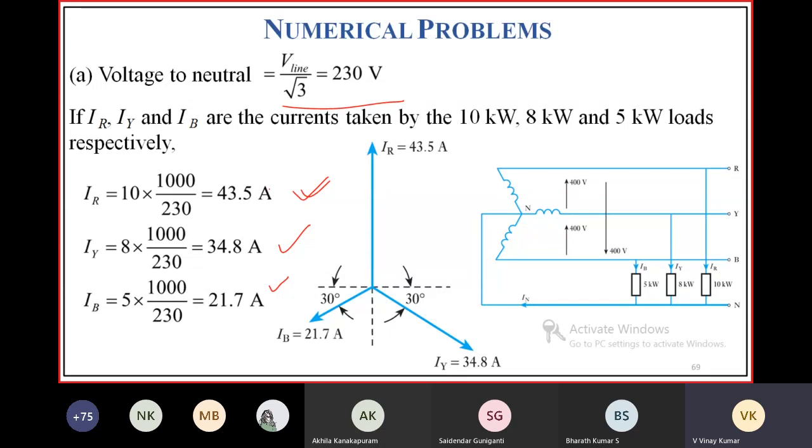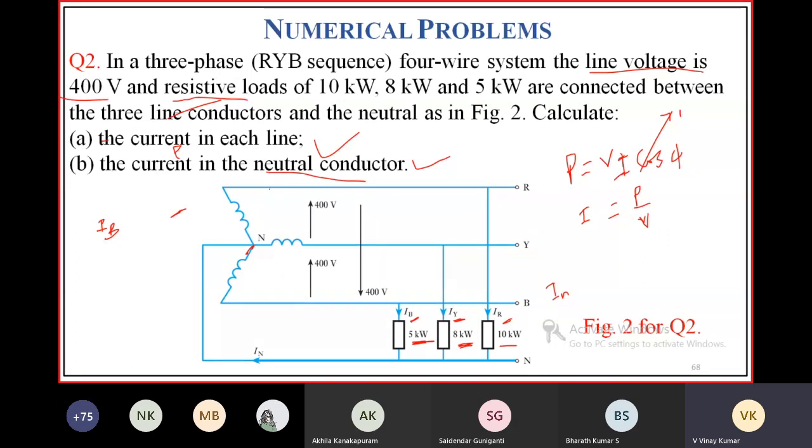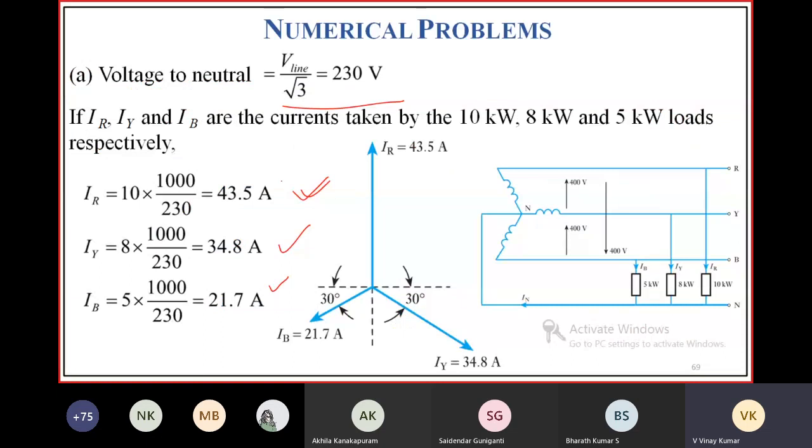Another is 34.8 at an angle minus 120 degrees, and this is at an angle minus 240 degrees.